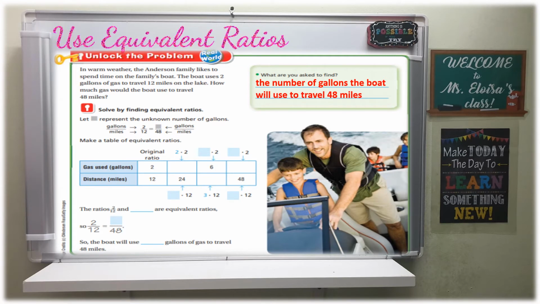So if they travel 24 miles, they need 4 gallons of gas. That is from 2 times 2. If they have 6 gallons of gas, that means they can travel 36 miles.